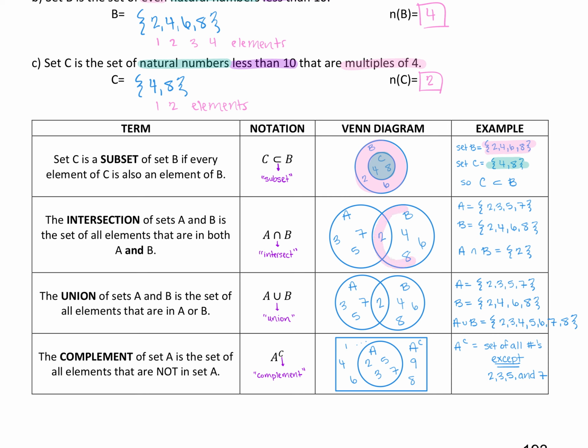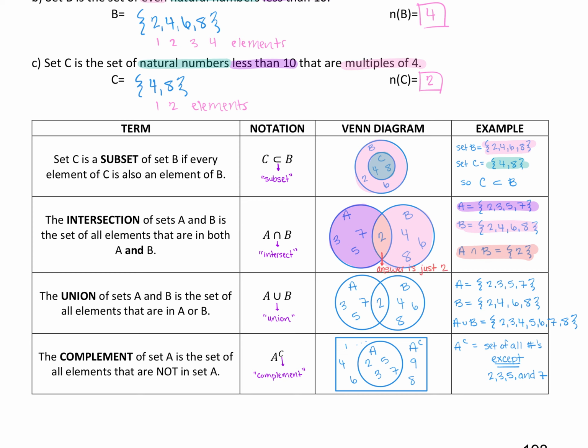The 2, 4, 6, 8 is that circle. And that is our set B. And then set A is the 2, 3, 5, 7. And so the intersection is where they intersect, which is just this 2 right here.